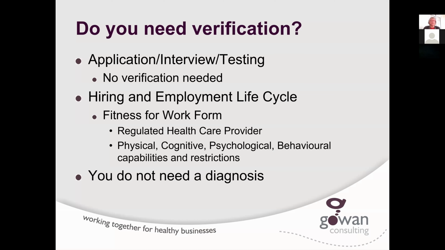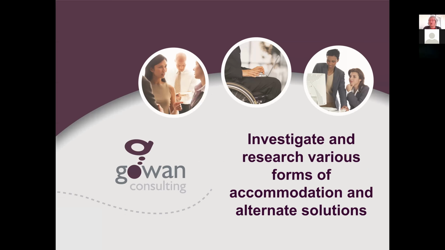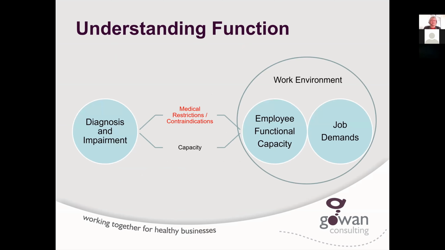You do not need diagnosis, and as an employer, you do not want to be requesting diagnosis. Once you've received that request and that verification, you want to investigate and research various forms of accommodation and alternate solutions.